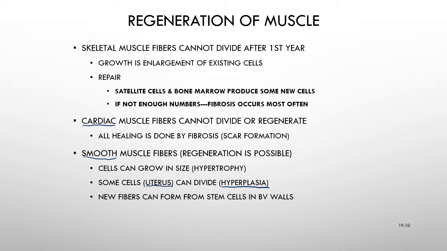Cardiac muscle and skeletal muscle will generally go through hypertrophy, whereas smooth muscle can do both hypertrophy, an increase in the size of the muscle, as well as hyperplasia, an increase in the number of new cells. This is also required when we need to grow new blood vessels. As new blood vessels need to grow because we're growing or because we've damaged them in some way, we need to be able to do the same thing in those blood vessels.